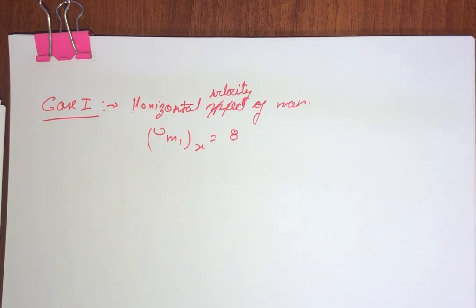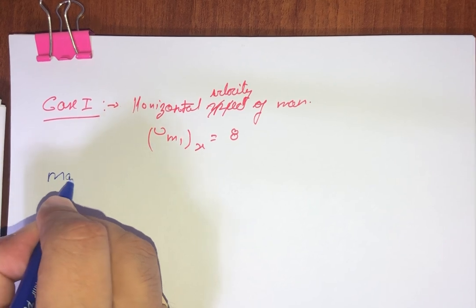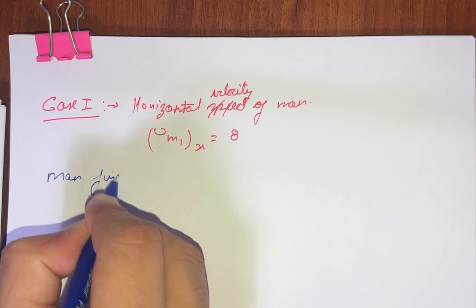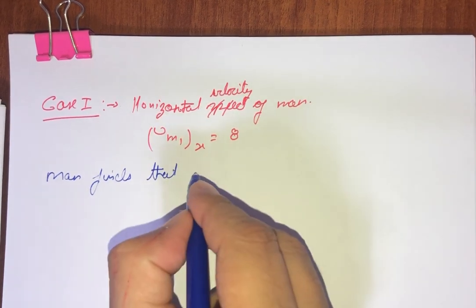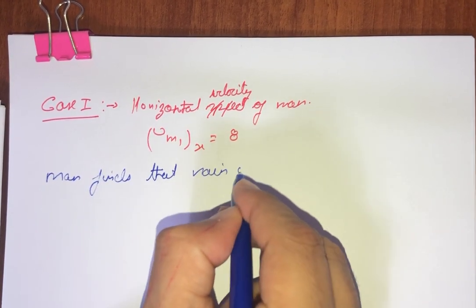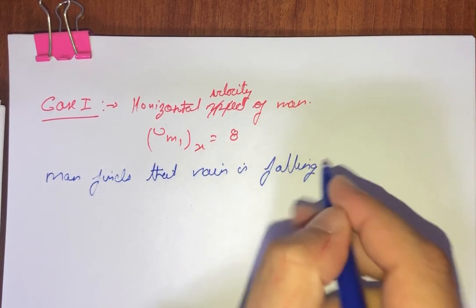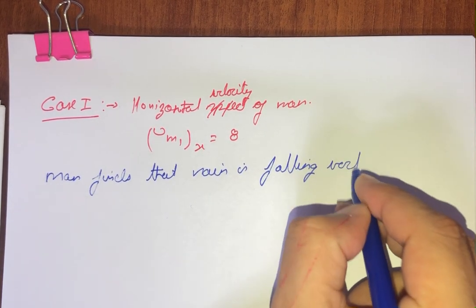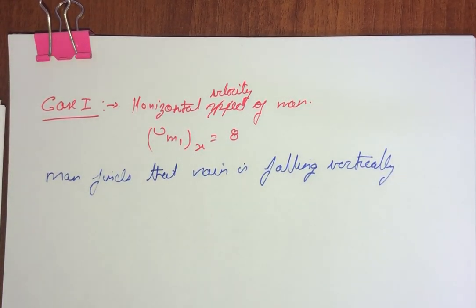Now it's given that the man finds that the rain is falling vertically.